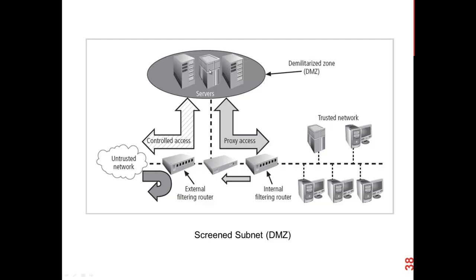Maybe it's our web servers, our SMTP servers, or maybe we have antivirus servers sitting out there. This firewall will direct traffic out there, and then the internal filtering router provides access control to our internal network. Only traffic specifically designated to come into the internal network is allowed through this firewall.